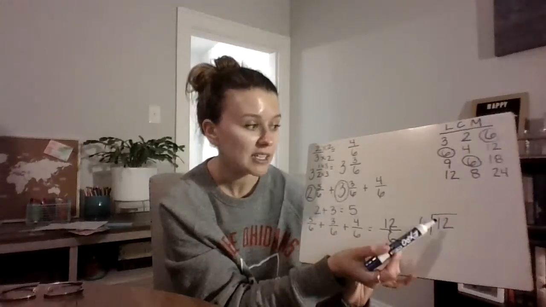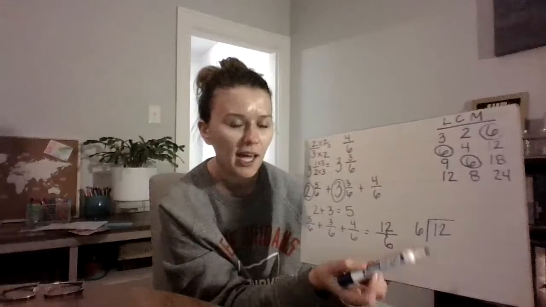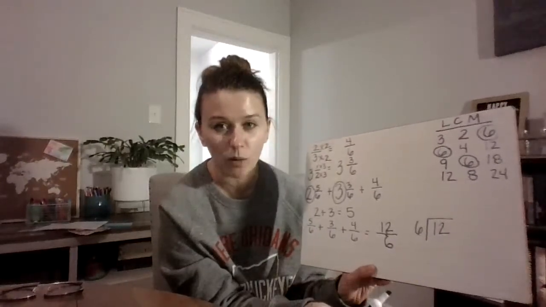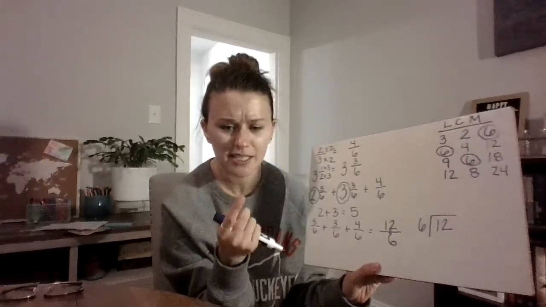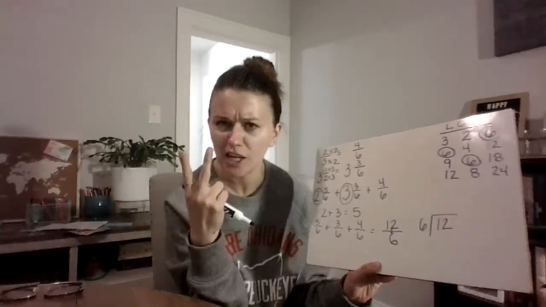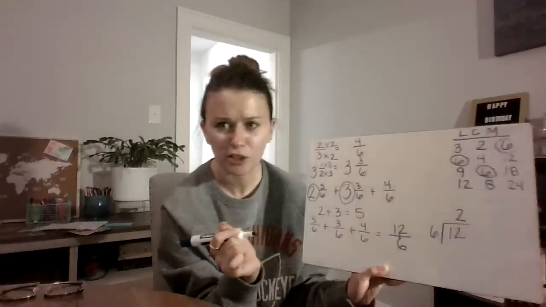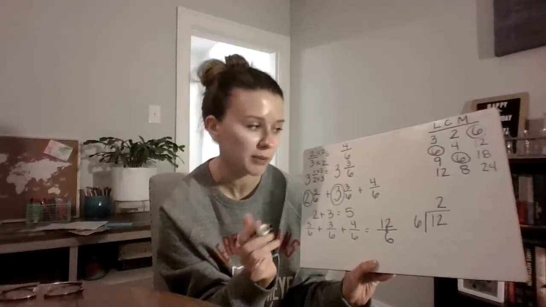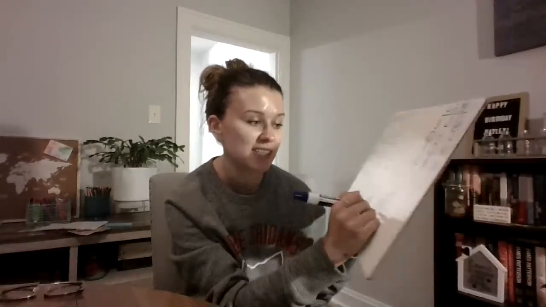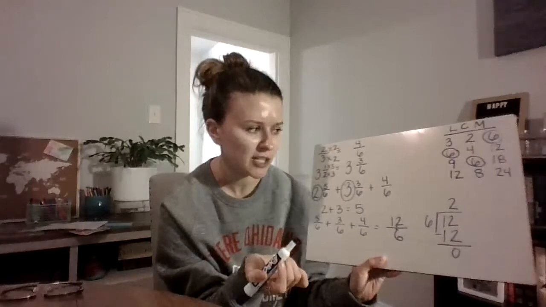So I'm going to take 12 divided by 6, and I'm going to think, how many groups of 6 can I take away from 12? Well, I can use my skip counting. 6, 12, oh, I can take away 2 groups of 6. So I'm going to write my 2 right above there where my quotient goes, or answer to a division problem. And 2 groups of 6 is 12, so I can subtract 12, and then I would get 0 as a remainder.